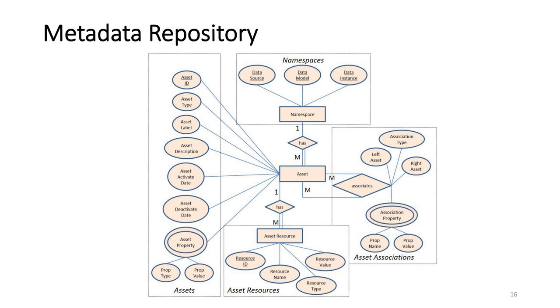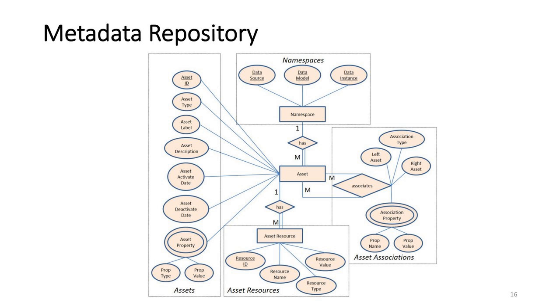An asset has a type, a label, a description, when it's activated, and it can have one or more properties. All assets belong to a namespace, so we use the namespace to group the assets together.